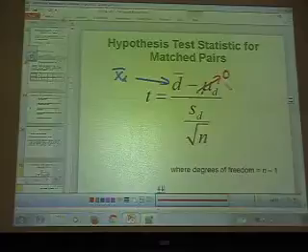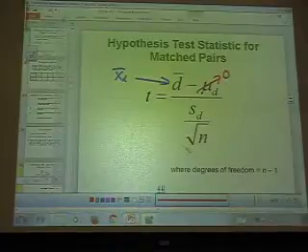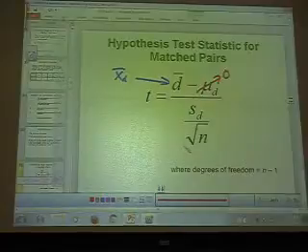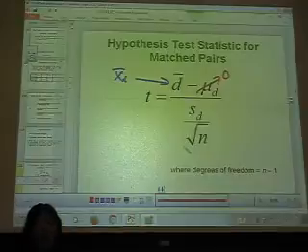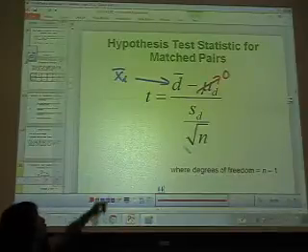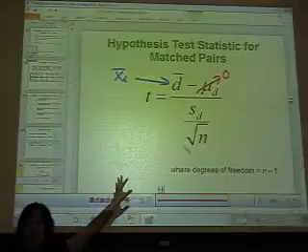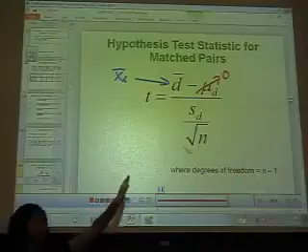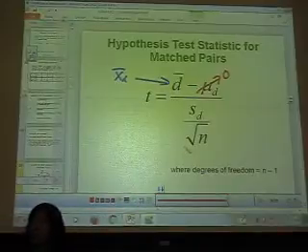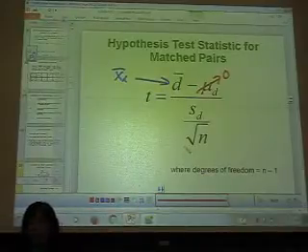That affects your H naught. So maybe somewhere in your notes you're going to have to put in, because it's not on the sheet here, that for two sample dependent means, use the one sample t-test on your differences and use mu naught equals 0. So that's what I would do.